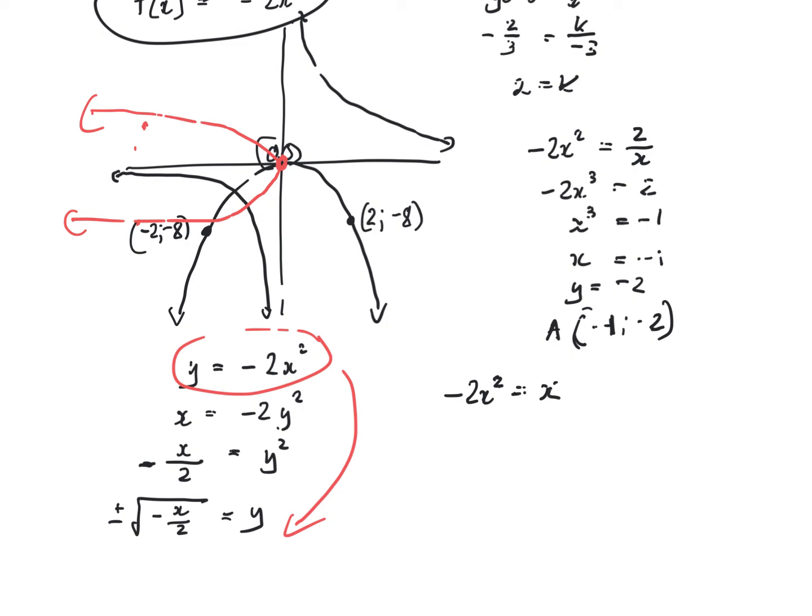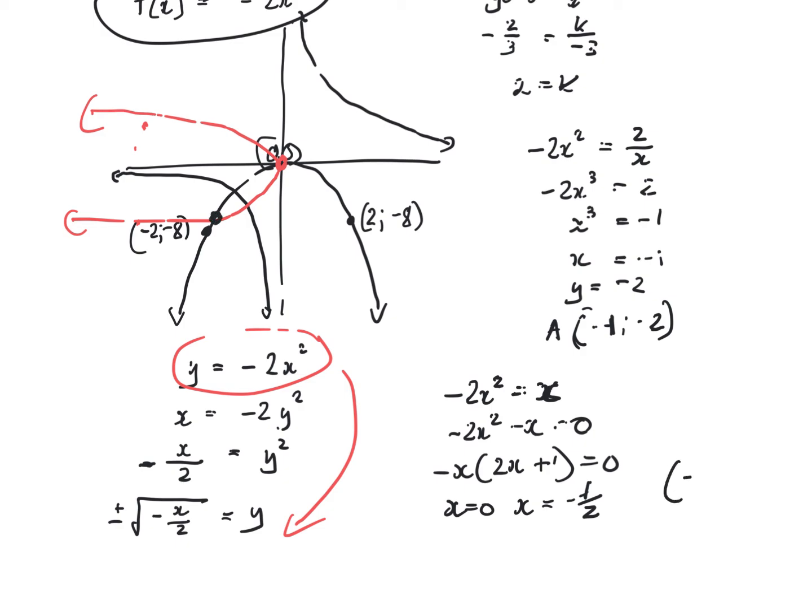I'm sorry this thing's so bad. -2x² - x = 0. I'm going to take out -x, and I'm left with 2x + 1. So I know that x = 0 or x = -1/2. And at the point where they intersect, x will be equal to y. So the point of intersection is going to be (-1/2, -1/2).